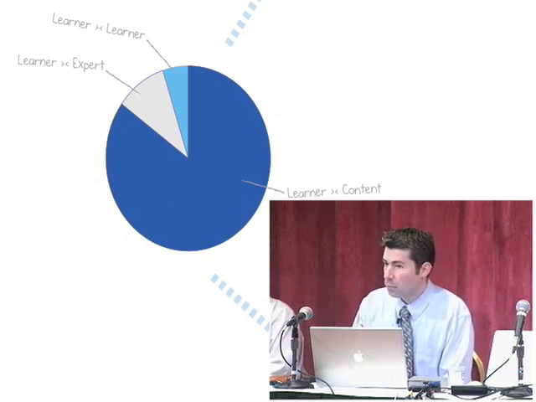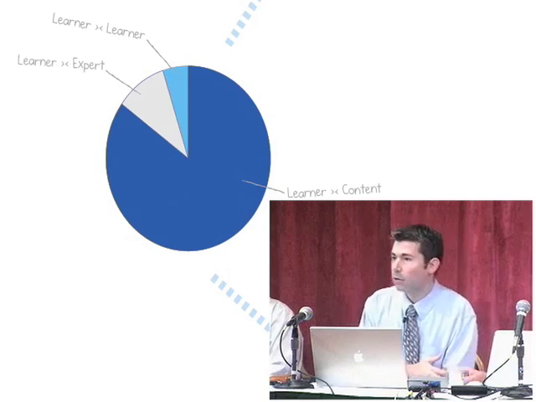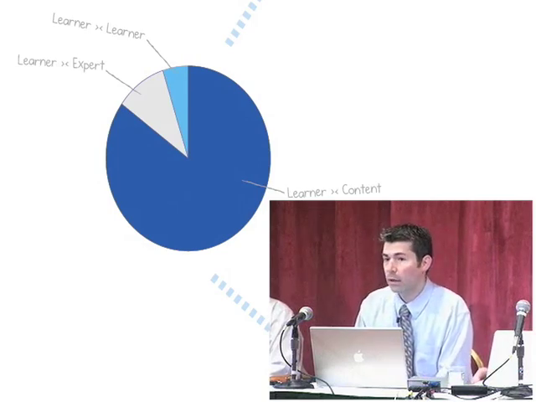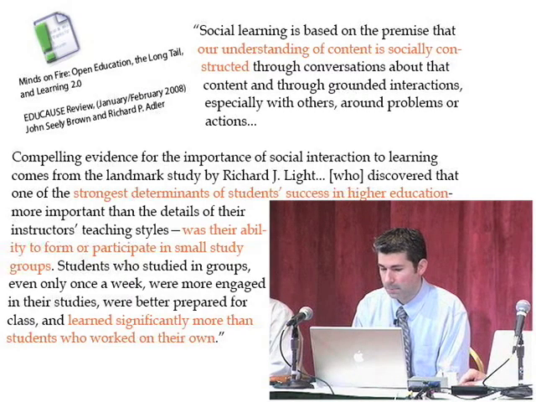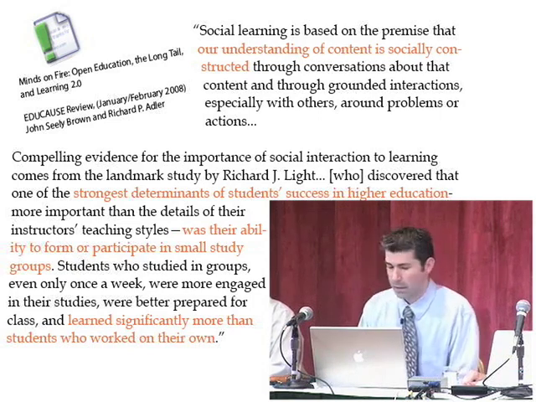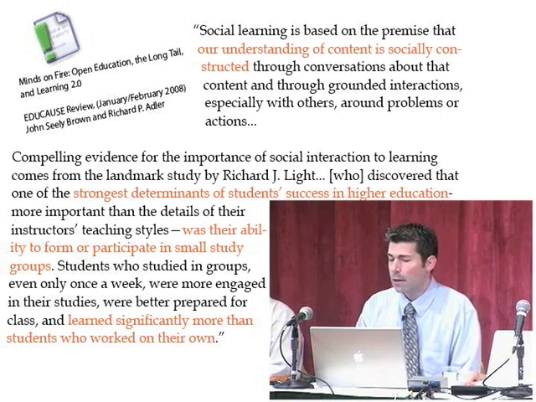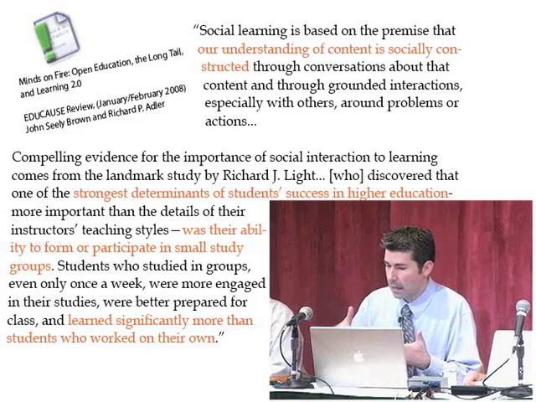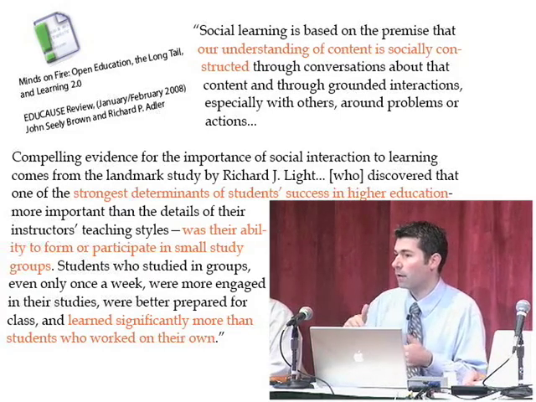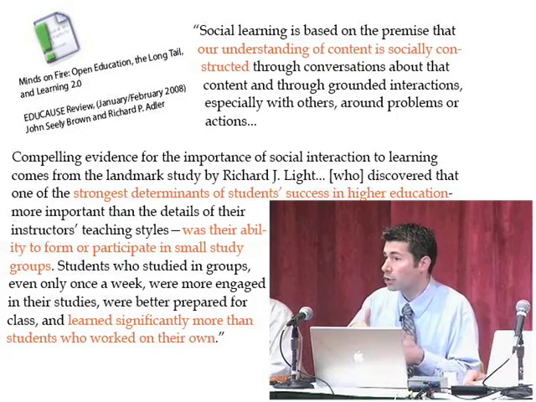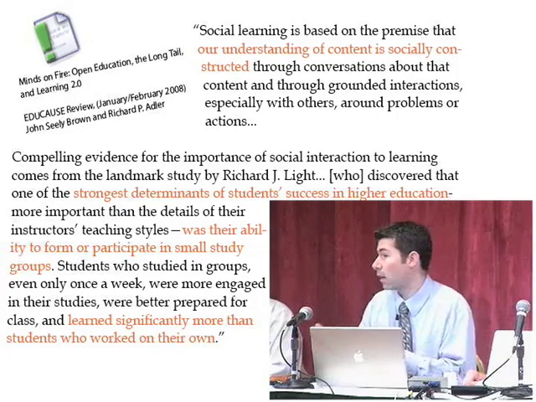And that's an important piece to recognize because there is loads of research that suggests that effective learning really happens in a social context. There's a great article by John Seely Brown, and I know this is probably a little bit hard to read, but I'll make this available, where he talks about this idea of the social interactions that we have for learning actually around the content being more important than the content itself.